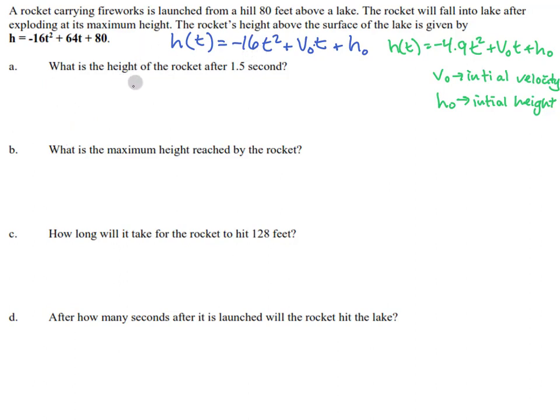What is the height of the rocket after 1.5 seconds? Keep in mind, this formula is calculating height for any point in time, after 0 seconds, of course. So if I want to find the height after 1.5 seconds, we just need to plug in 1.5 for t: negative 16 times 1.5 squared, plus 64 times 1.5, plus 80.